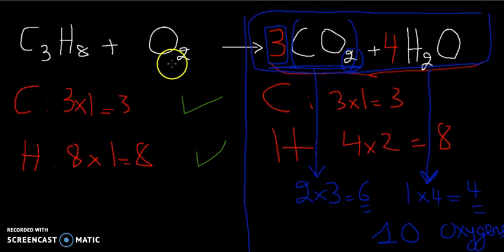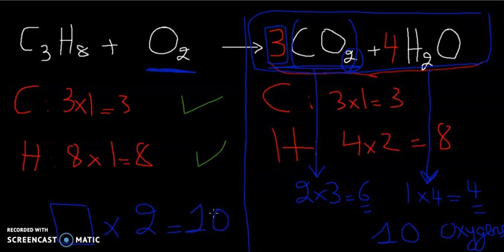I'll go to the reactant side. How many oxygen atoms do I have here? I have 2. The coefficient is 1, so 2 times 1, it's 2. I have 2 oxygens, and on the product side, I have 10. How should I make them equal? I should multiply this 2 by a coefficient to give me 10 oxygen atoms.